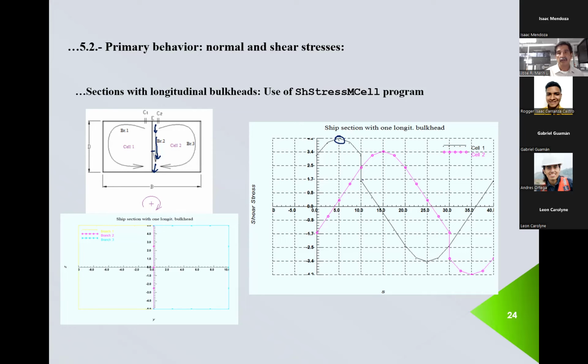Here we have a jump. Here we have a variation like this. Here again, we have a variation. And this area is this part here, from here.